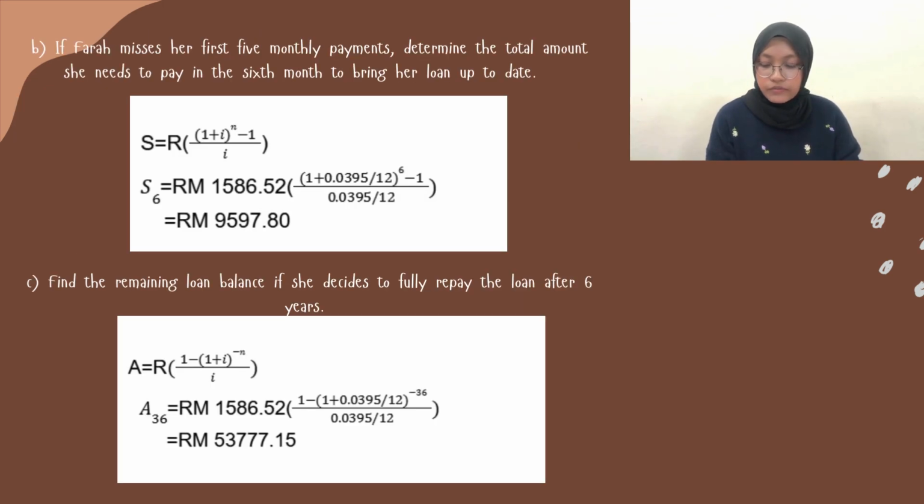1586.52. So for question B, if Farah misses her first 5 monthly payments, determine the total amount she needs to pay in the 6th month to bring her loan up to date.